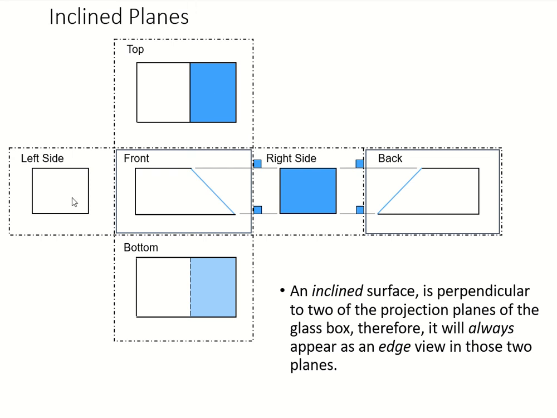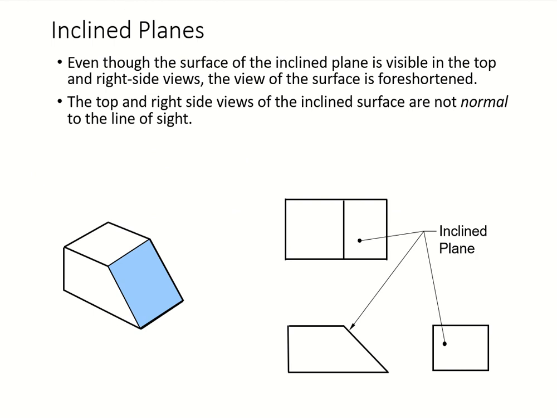Left side you can see it. Your inclined plane is on the other side. Bottom, you can see the bottom of your inclined surface. So let me go back. We're looking at this way, from the bottom.